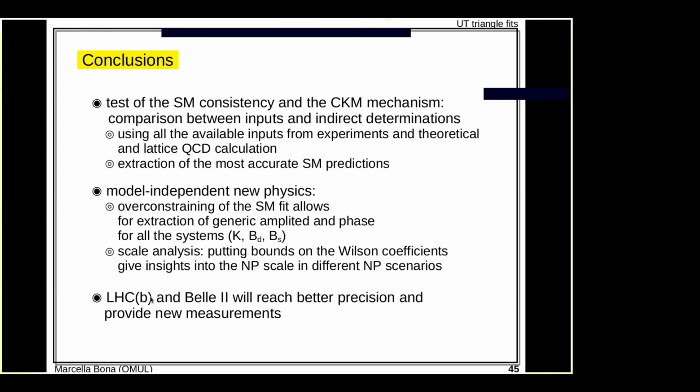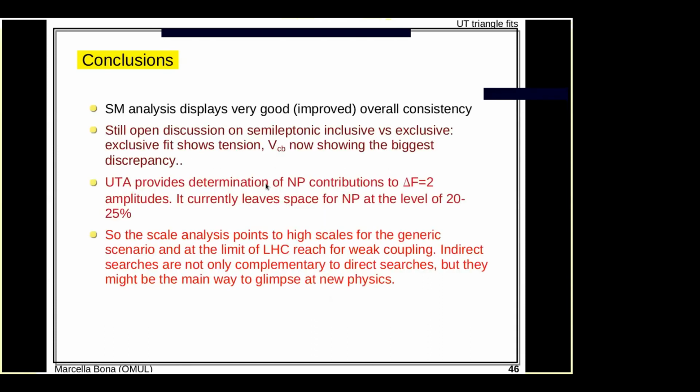And LHCb and LHC in general, and also Belle II, will keep contributing to this analysis. Now, the current situation is that the standard model shows a very good consistency, and the only real tension at the moment is the usual discussion that we've been having for a long time on the semileptonic results, in the comparison between inclusive and exclusive.